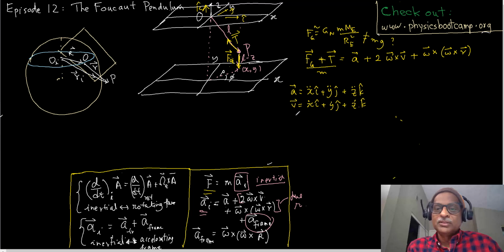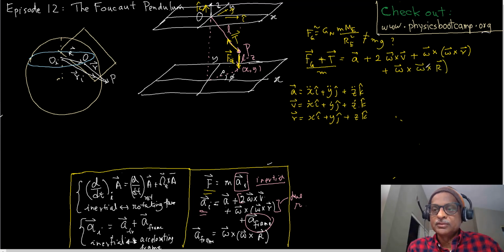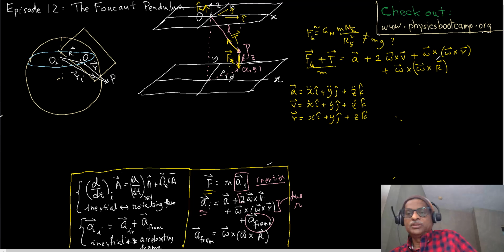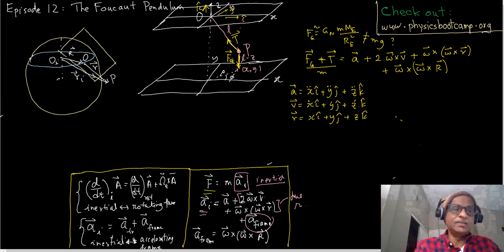So what is the r vector? r is x i hat plus y j hat plus z k hat. Plus we have omega cross omega cross r. So this is for the translational motion of the frame around in this circle. Okay.